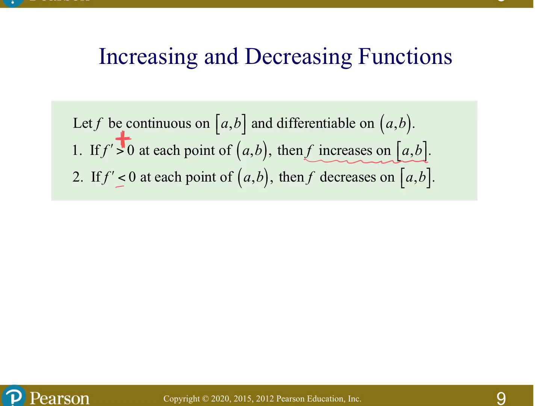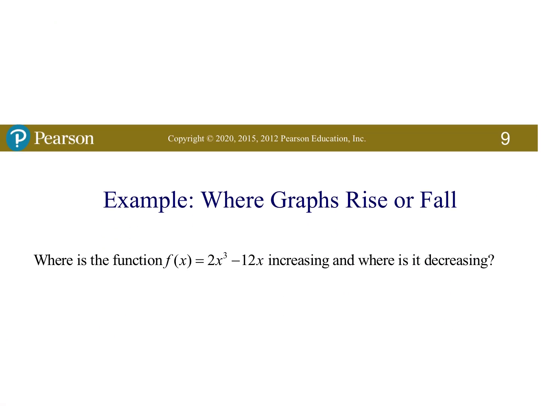And if we have a minus, where f prime is less than 0, then we're talking about f being decreasing. So we're using that language. We haven't quite yet talked about what it means when we go from a minus to a plus, or a plus to a minus, or there's no change. But for right now, we're just going to talk about the pluses and the minuses in the first derivative chart.